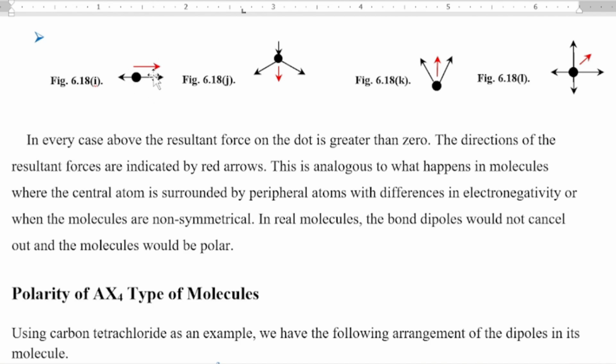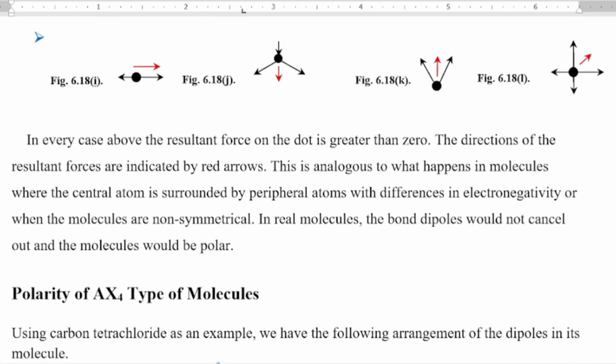If this was a central atom with an atom on each side, and one has a higher electronegativity value than the other, then there'll be a shift of electrons in this direction, and the molecule becomes polar because this side will develop a slight negative charge and that side a positive charge.